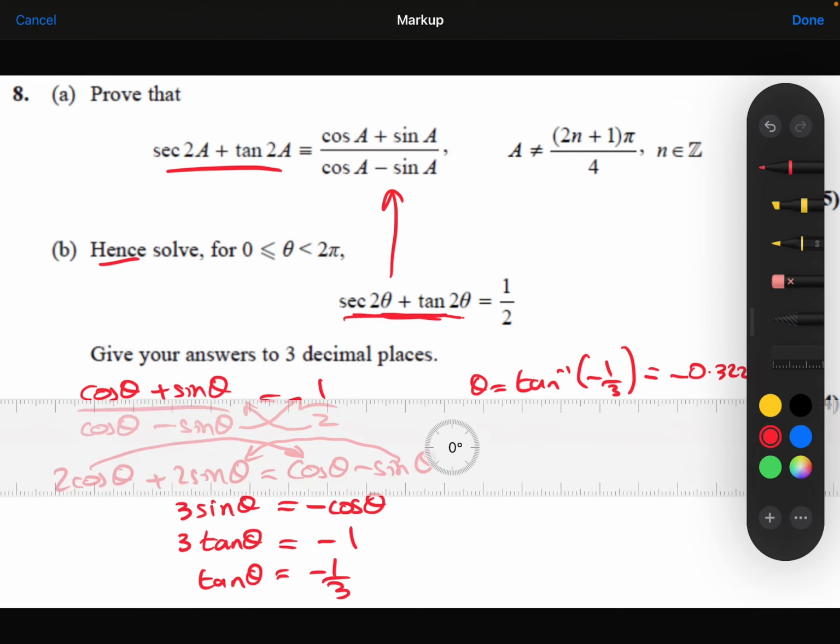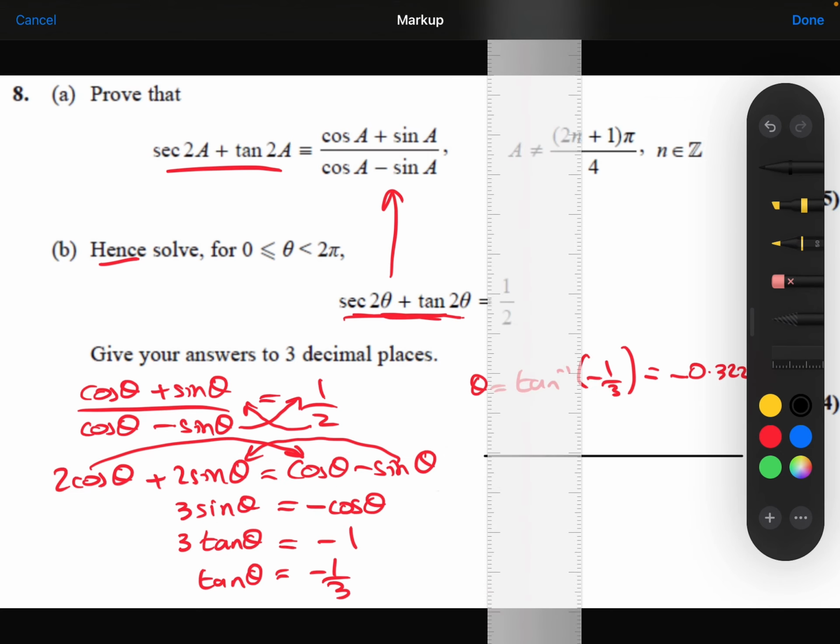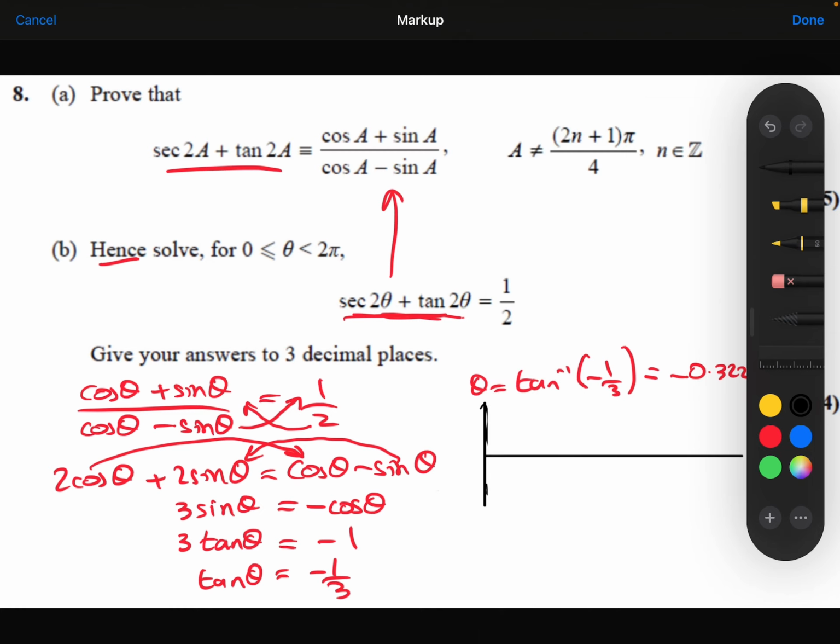I need to draw a tan graph so I can get the other solutions. Radians. So pi over 2, pi, 3 pi over 2, 2 pi. We know we have asymptotes there and there.